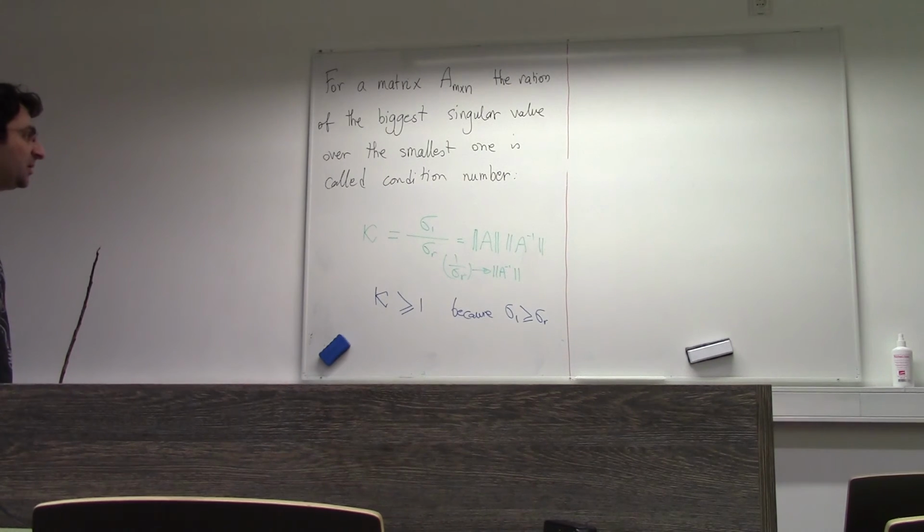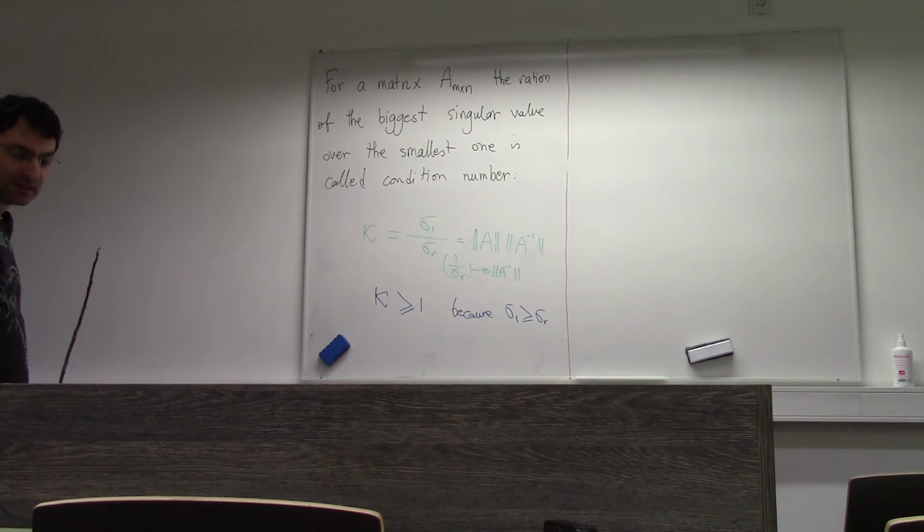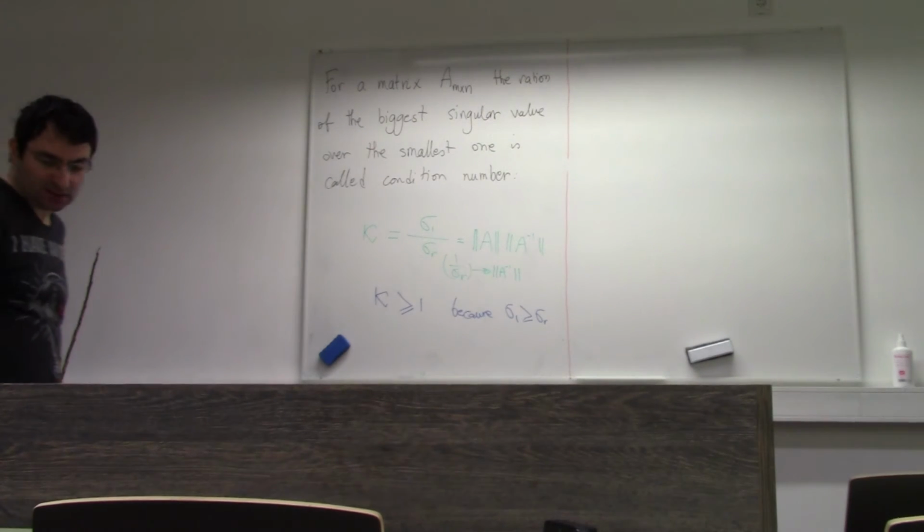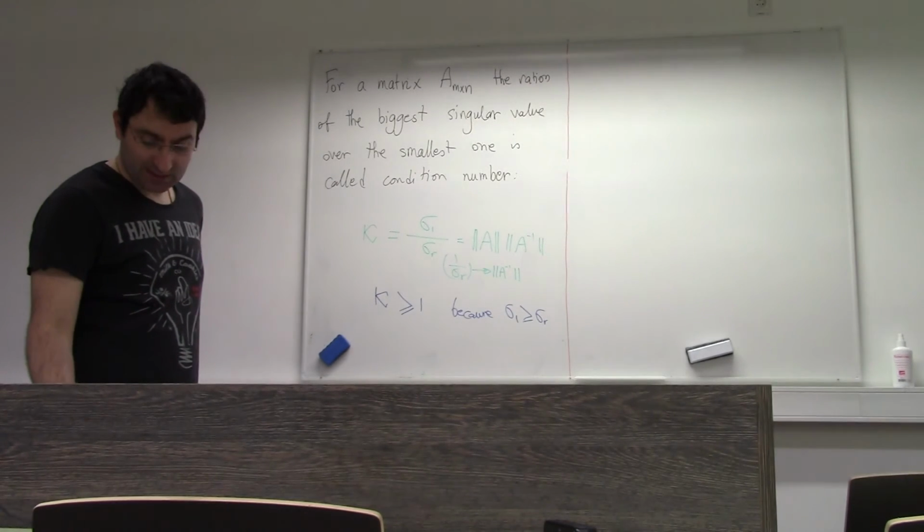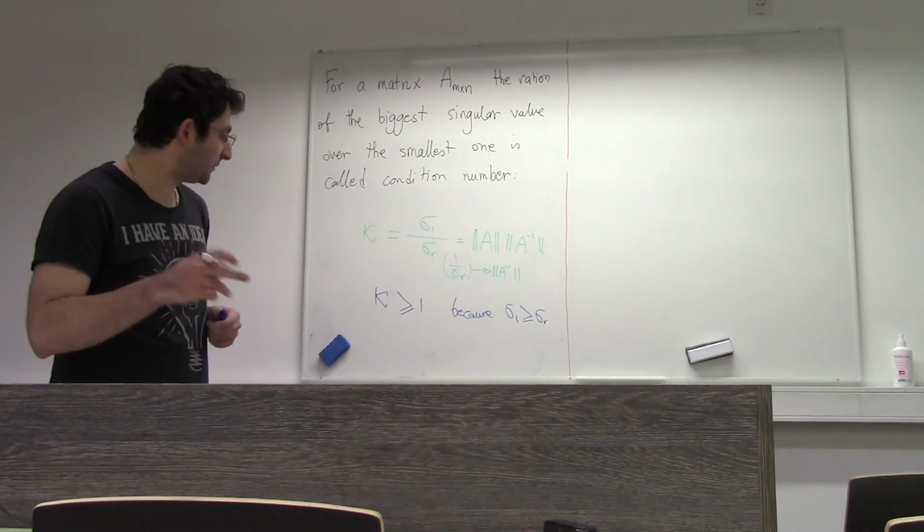So we have a condition number which is sigma 1 over sigma r, and let's see what the condition number indicates and how we can use it to relate to well condition and ill condition.